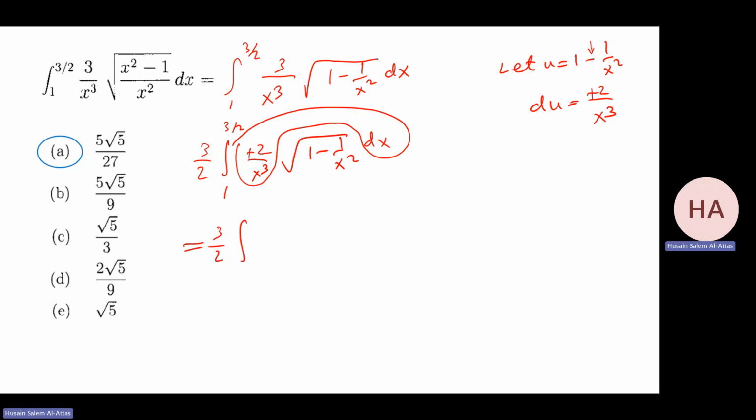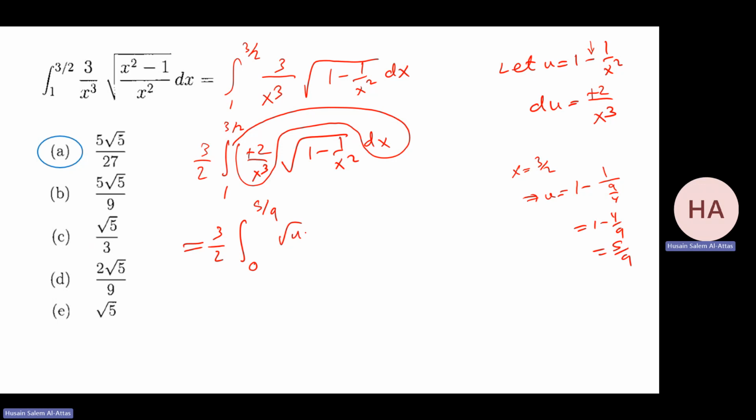Now what will be the limit? When x equals 1, 1 minus 1, that will be 0. The other one, when x equals 3 over 2, sometimes you need to do that, u equals 1 minus 1 over 9 over 4, which is 1 minus 4 over 9, which is 5 over 9. So that will be 5 over 9.